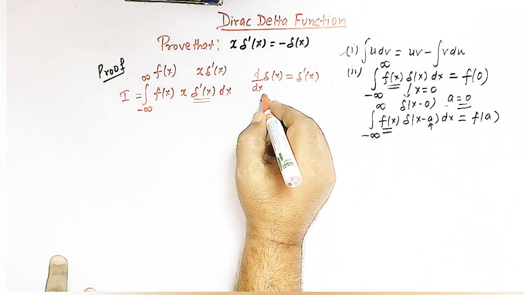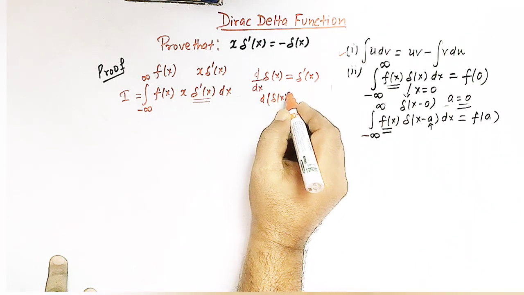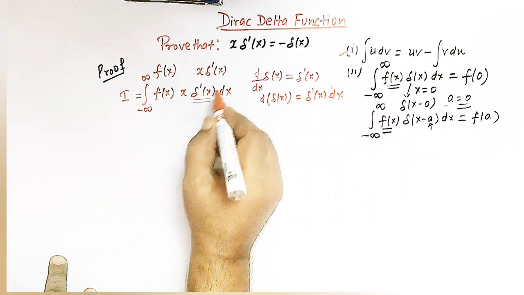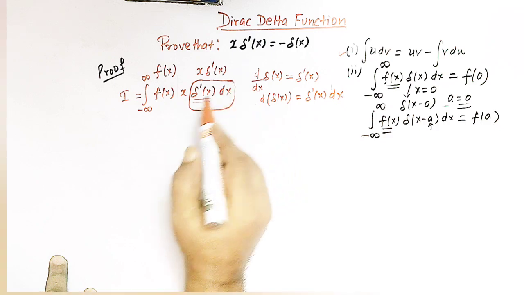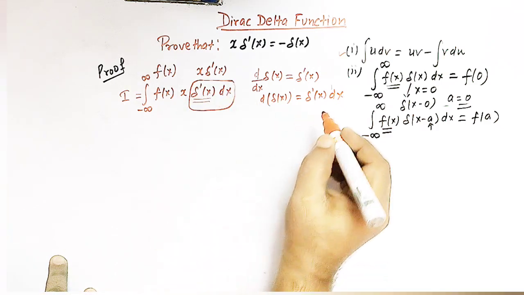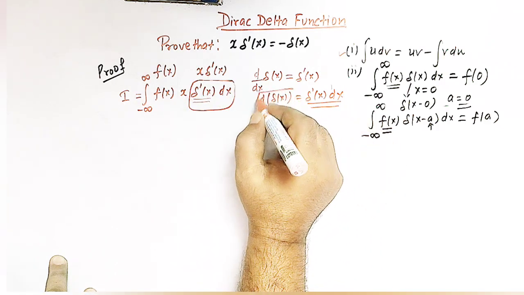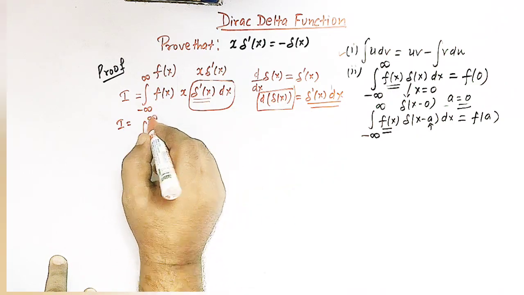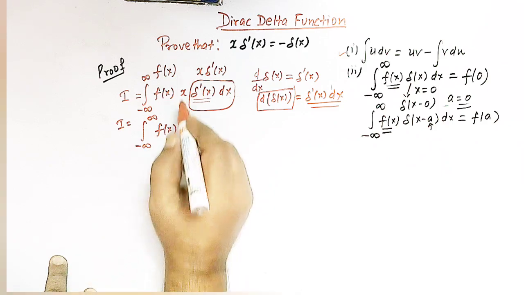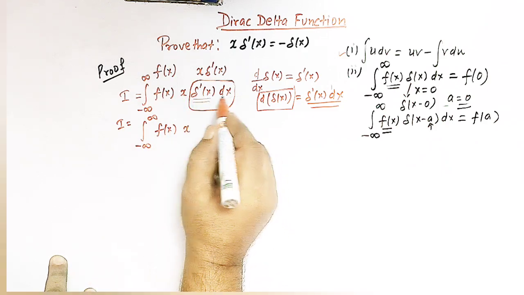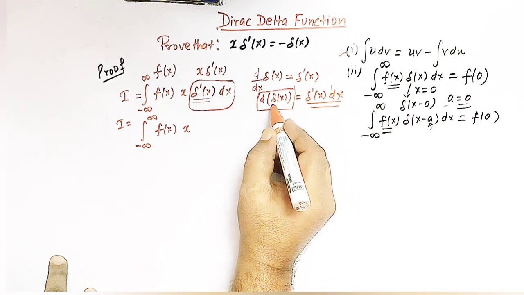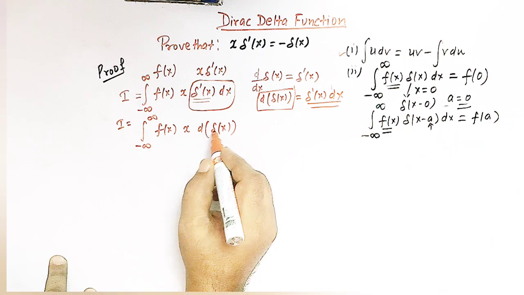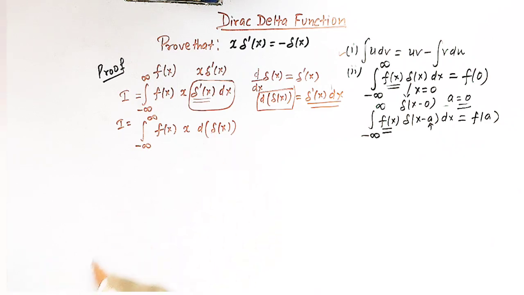So we can write d of delta x is equal to delta prime of x dx. So this term, delta prime of x dx, can now be replaced by this one. We can now write this integral I as the integral from minus infinity to infinity of f of x times x times d of delta x, which is the same as the derivative of delta x.